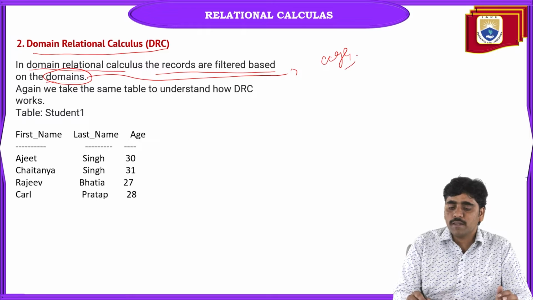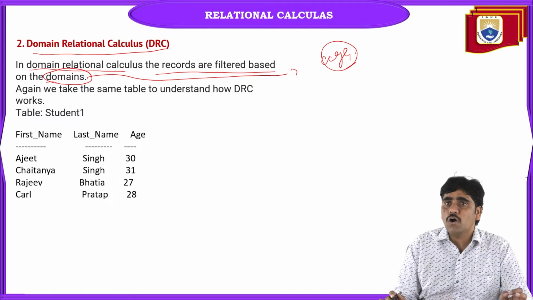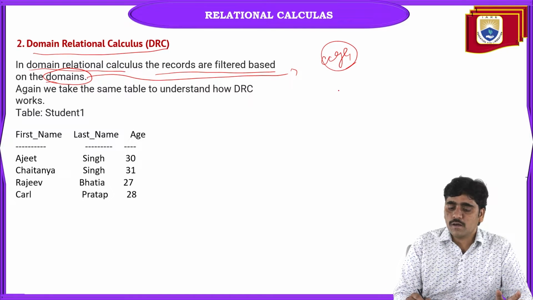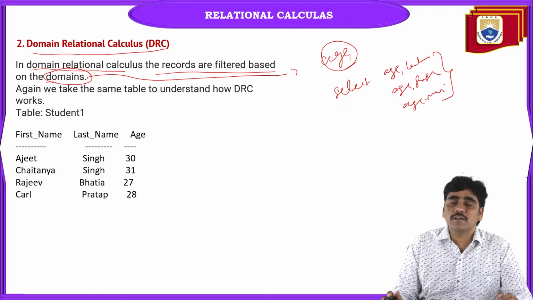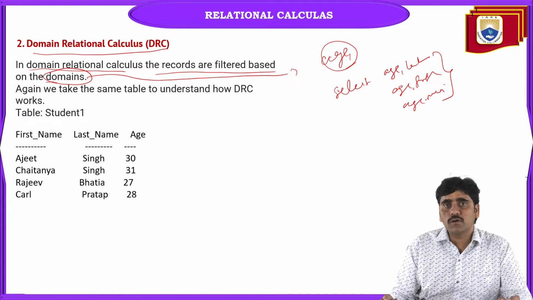You can mention all the attributes. So write like this: select age comma last name, or select age comma first name, or select age comma marks. That is the way you can mention all the domains.